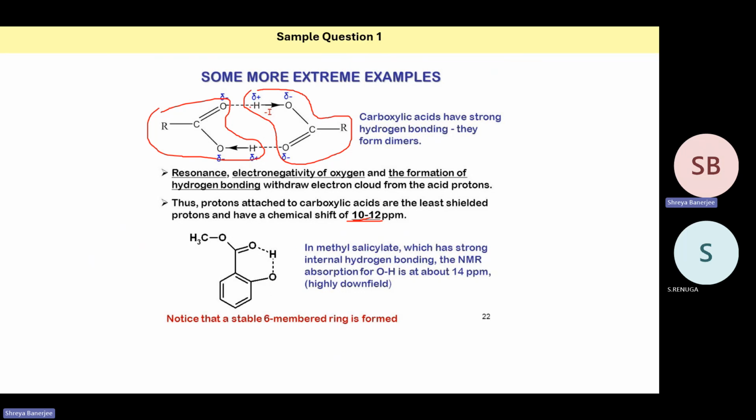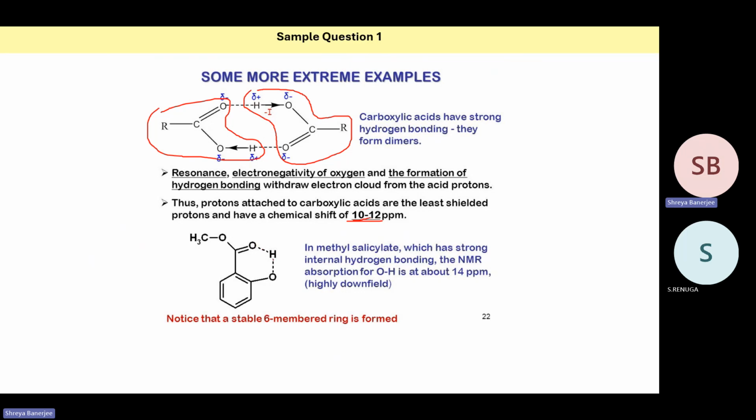Another example: whenever hydrogen bonding forms a ring compound, the hydrogen bonding is even stronger because of the stability of the ring compound. This is forming a closed ring, so the hydrogen bond is very strong, and that leads to even higher deshielding. Then you have this kind of system where you have an intramolecular hydrogen bond.